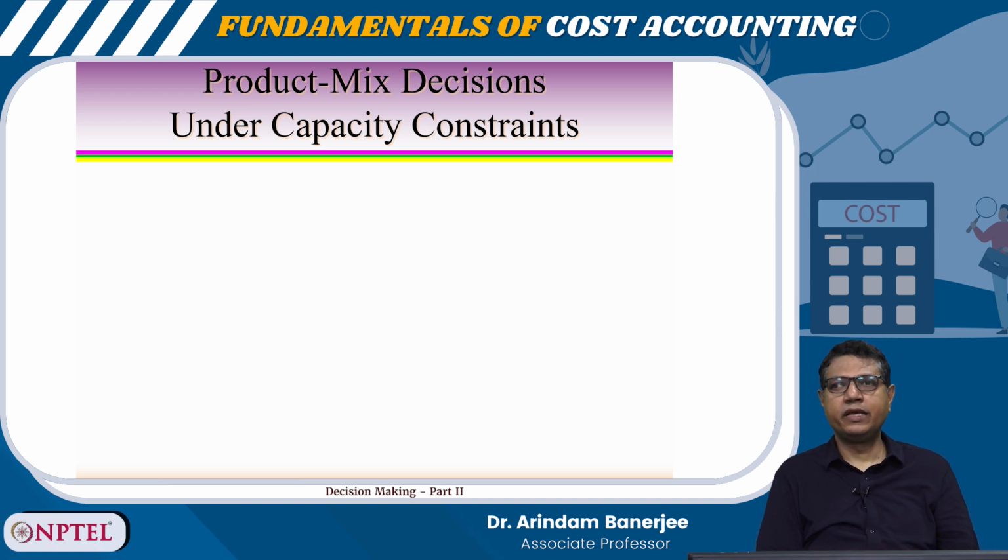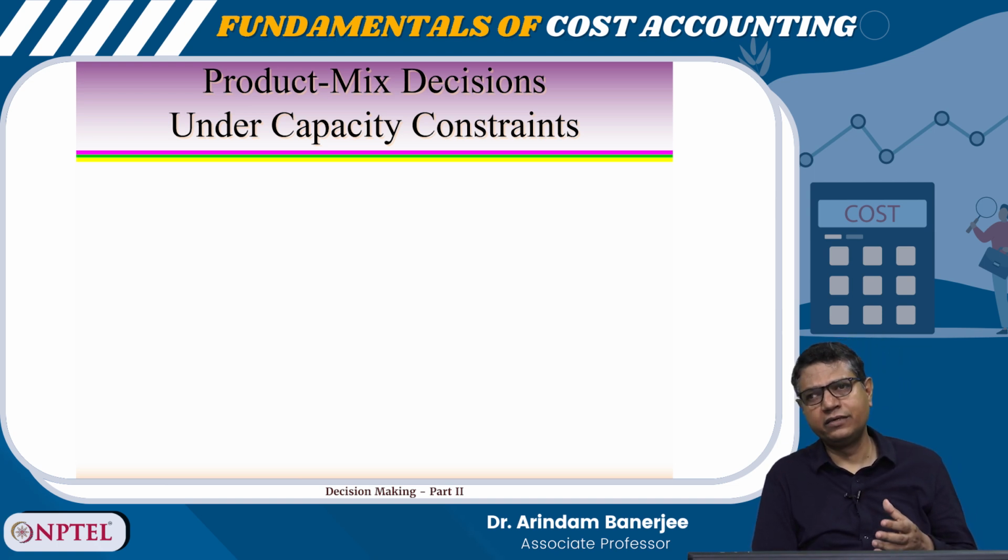So usually in the practical world, the factors of production are not available in abundance. I am running a factory, but I may not have supply of raw material as I wish. I may not have unlimited demand for my products. These are also called limiting factors or key factors.